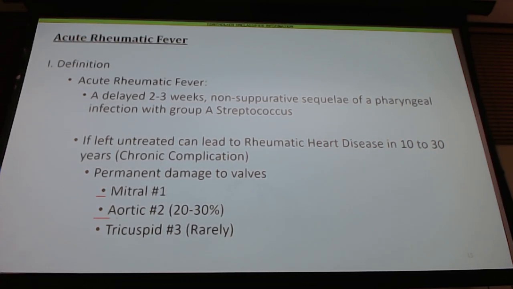Then the aortic valve is the second most common, and then the tricuspid is the third most common valve damaged from acute rheumatic fever and rheumatic heart disease.